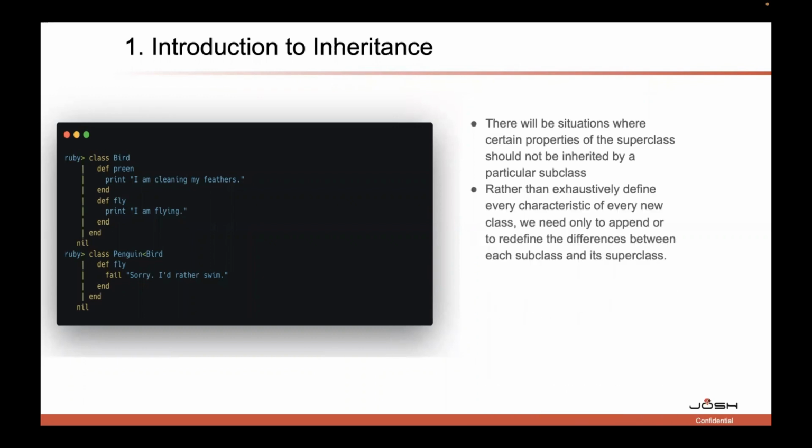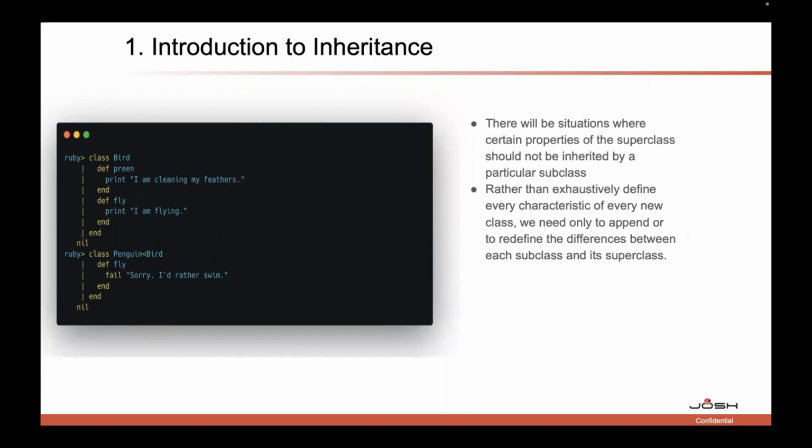What we can conclude here is, rather than exhaustively define every characteristic of every new class, we need only append or redefine the differences between each subclass and its superclass. So we are just redefining the differences. In the bird class, we have defined two methods, preen and fly.